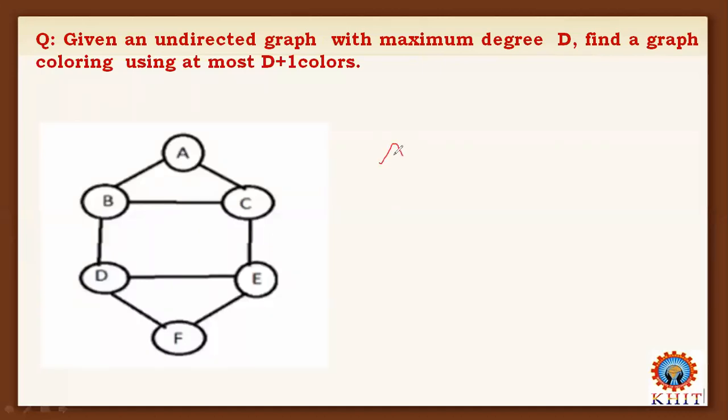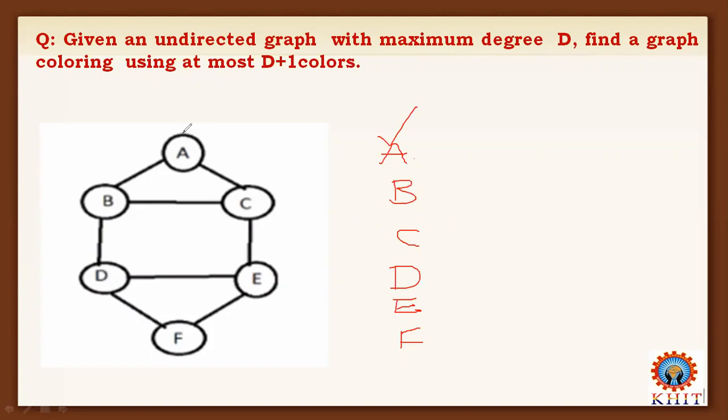The vertices available are vertex A, vertex B, vertex C, vertex D, vertex E, and vertex F. The problem solution is that you need to color all the vertices with different colors by satisfying the condition that no two adjacent vertices have the same color.